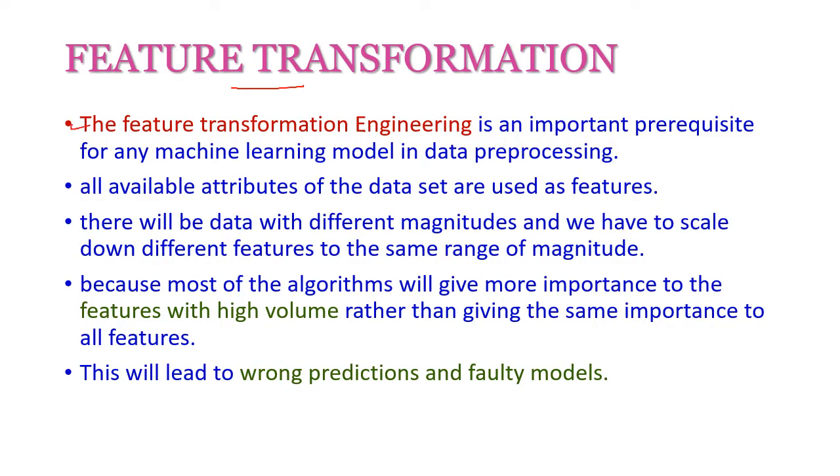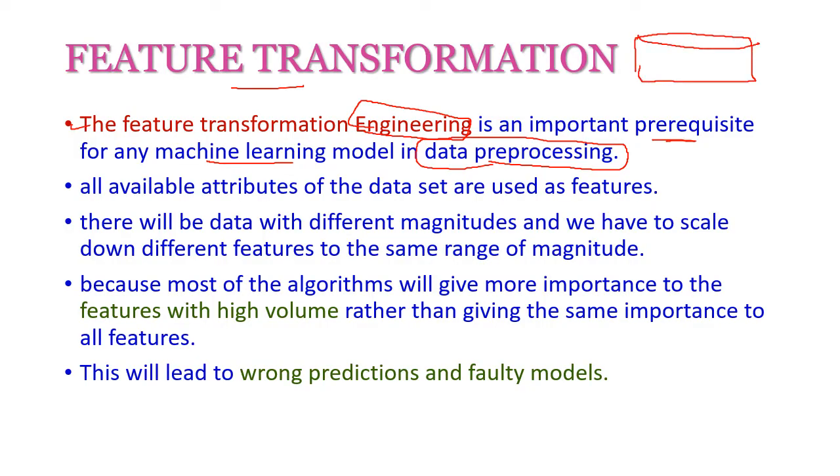Here, feature transformation is an important prerequisite for any machine learning model in data pre-processing. The given data set may be very huge, and that data set will be transformed as per our requirement.